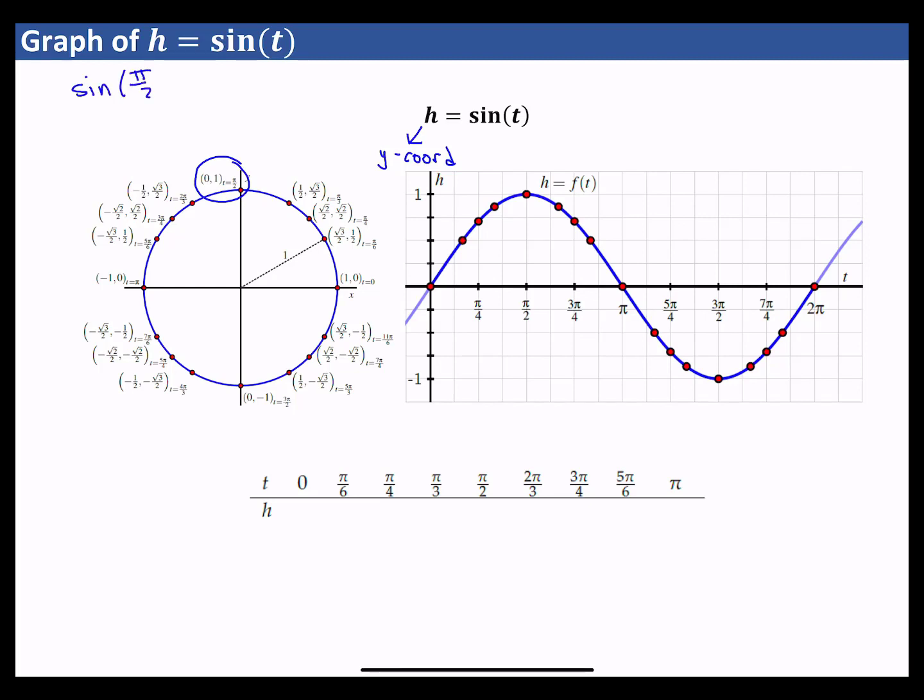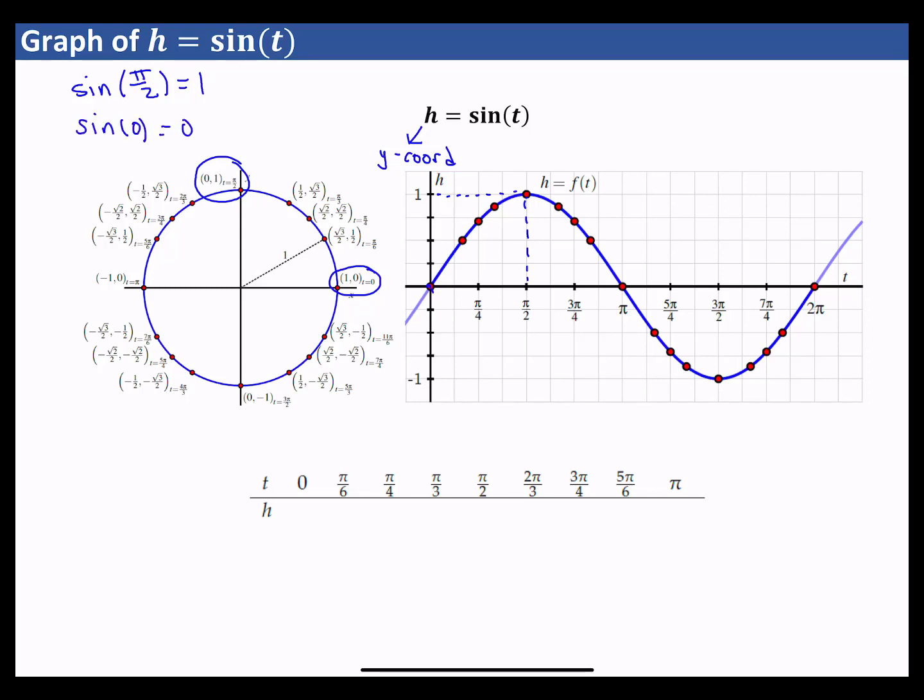Notice that if we look at the sine wave at pi over 2, there's an output value of 1. This sine wave was created by looking at each angle on the unit circle and plotting the y-coordinate that corresponds to that angle. So when the angle is 0, the sine function equals 0. And this graph goes through 0, 0.